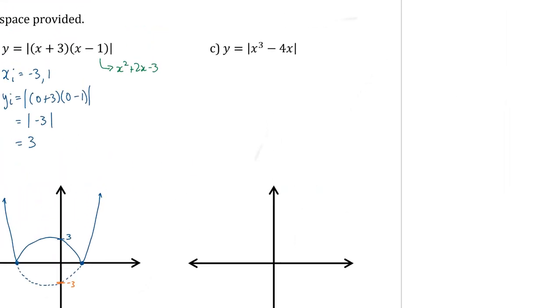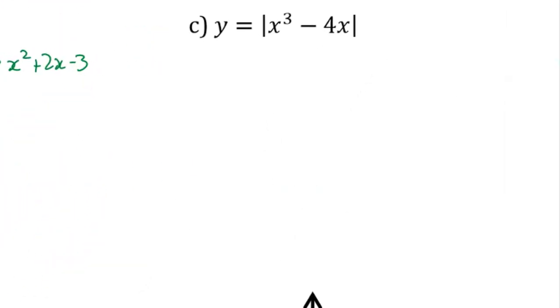Okay, one more. What's going on with this one? Okay, good. First one was in factored form. This one's in expanded form.